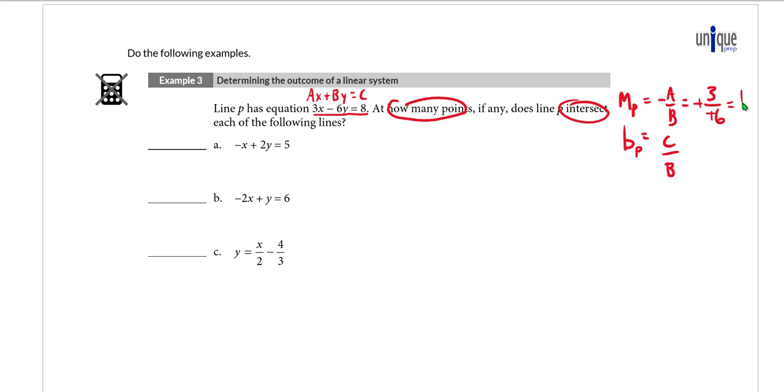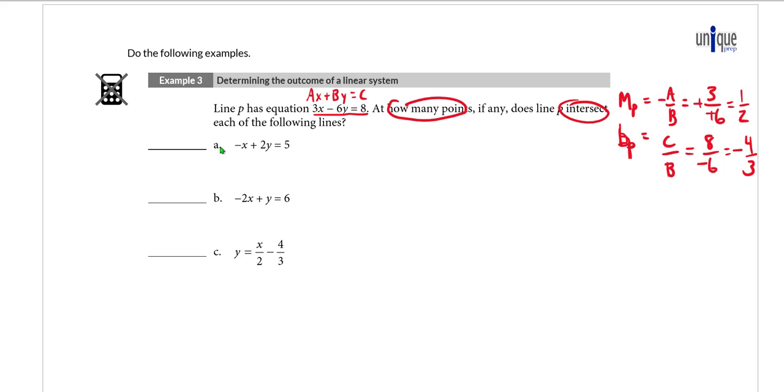So my slope is 1/2, that is the slope of line P. My y-intercept of line P is going to be 8 over b, which is negative 6, and that is going to reduce to negative 4/3. Negative 4/3 is the y-intercept of line P.